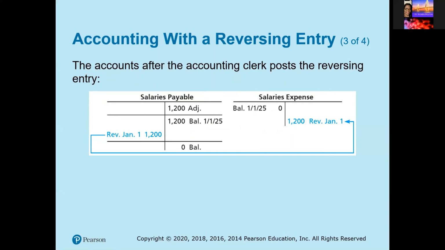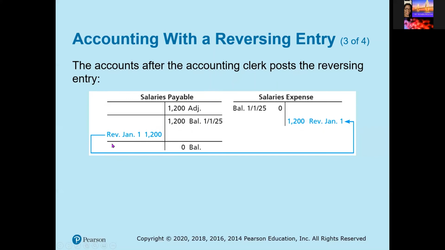The arrow between the T accounts shows the transfer of the $1,200 from salaries payable to salaries expense, the reversing entry.